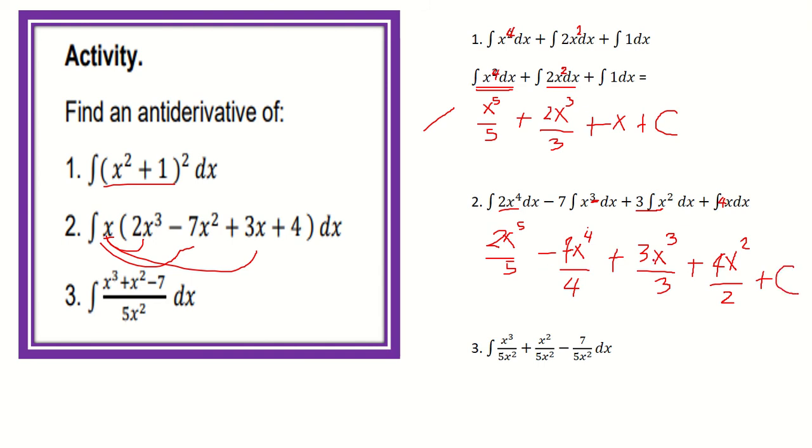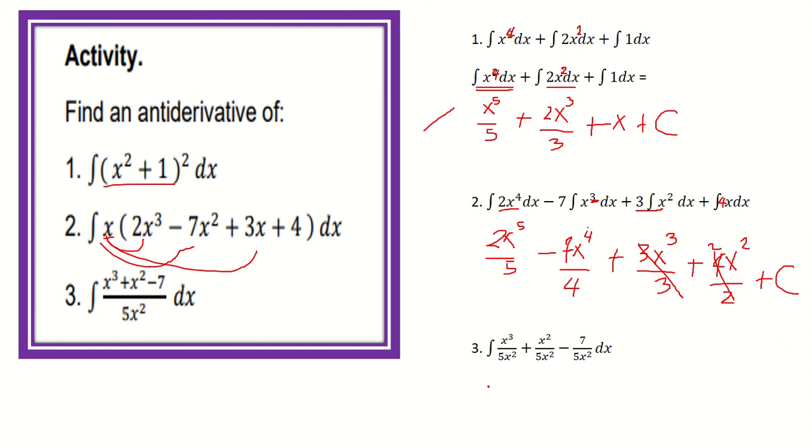So, i-simplify lang natin. Ito ang matanggal. It becomes x cubed na lang. Ito ay magiging 2 na lang. So, the answer is 2x to the 5th over 5 minus 7x to the 4th over 4 plus x cubed plus x squared. Plus 2x squared, I mean.